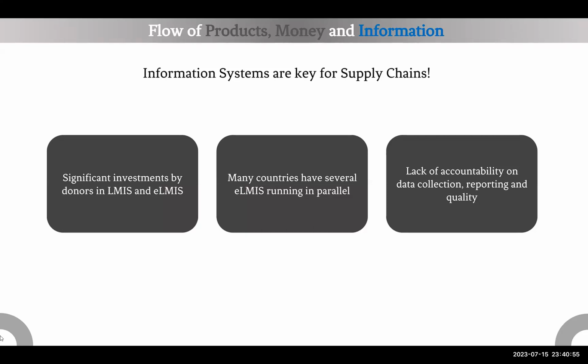LMIS is simply a version to collect and report logistics data. You will read in the course later more about LMIS and what kind of data is collected. It is coming in module number 6. Okay. Any other question? Let me see.